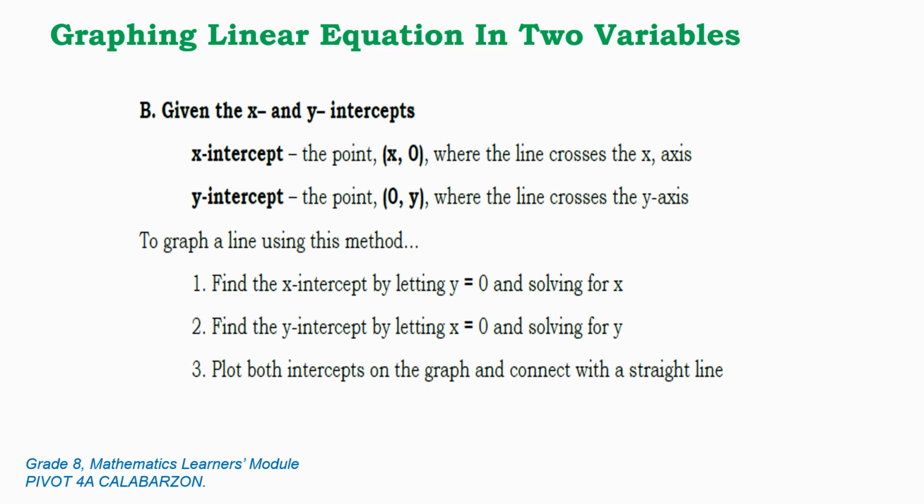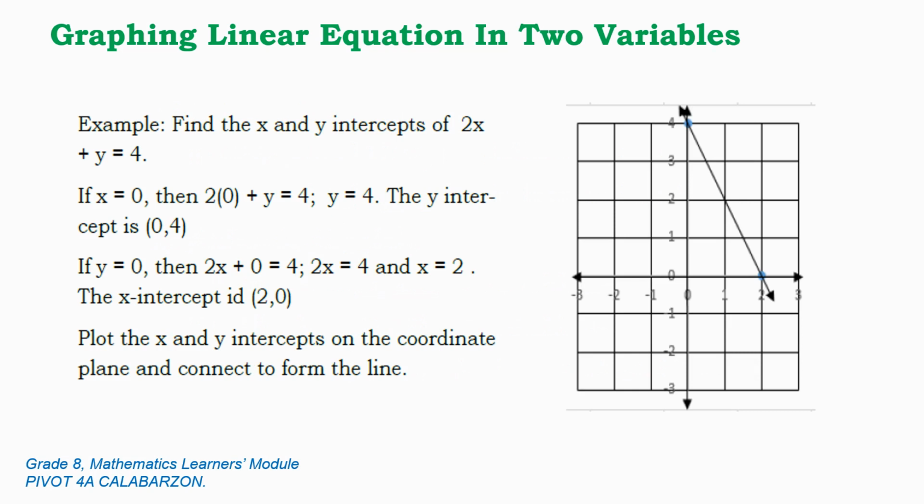Okay, so, ayun, yung ginamit natin. Ito na, other example, we have 2x plus y equals 4, so it is written in the standard form. And then first, getting the value of y, by setting the value of x equals 0.